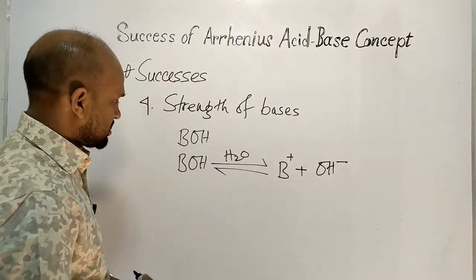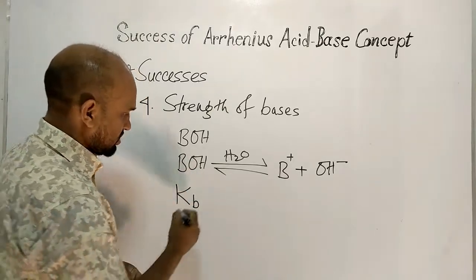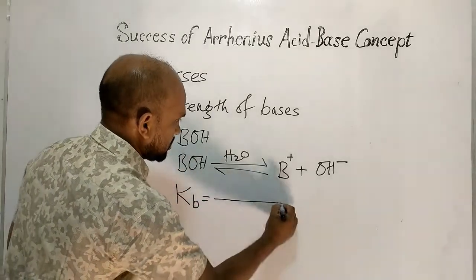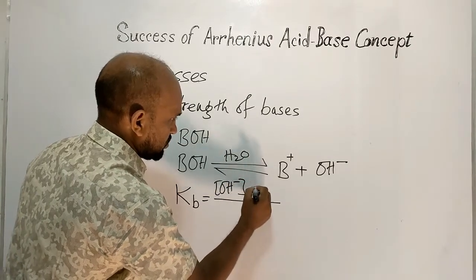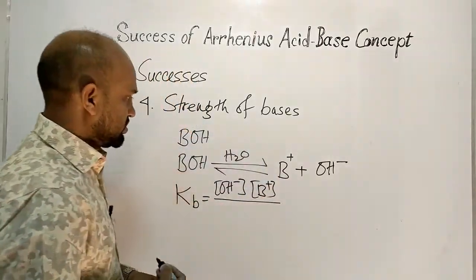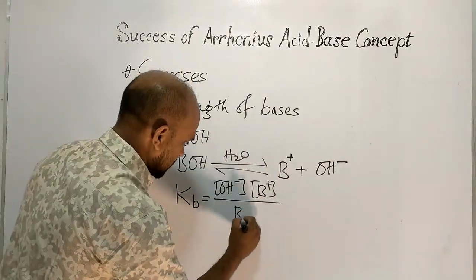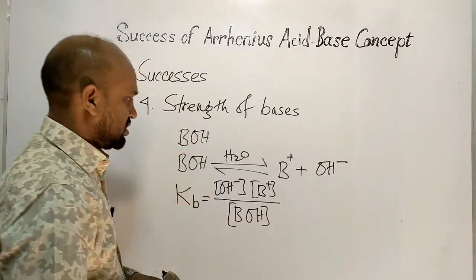From this reaction we can write the base dissociation constant Kb is equal to the concentration of hydroxide ion times the concentration of the cation divided by the concentration of unionized base.